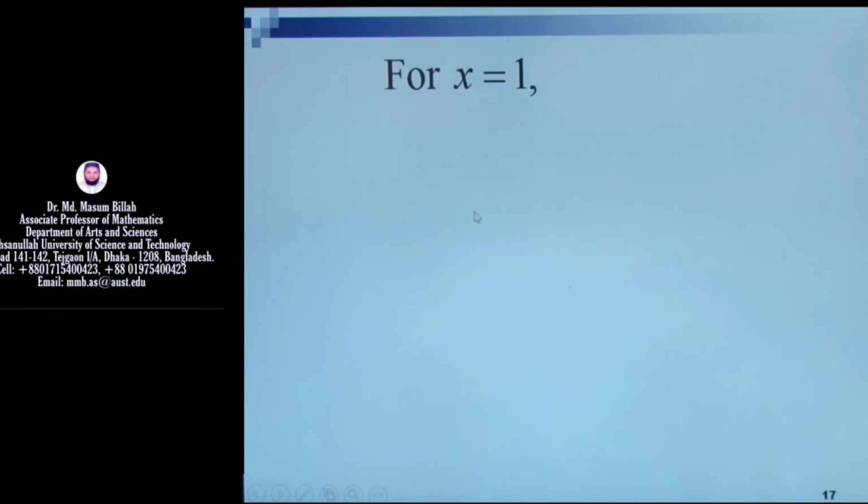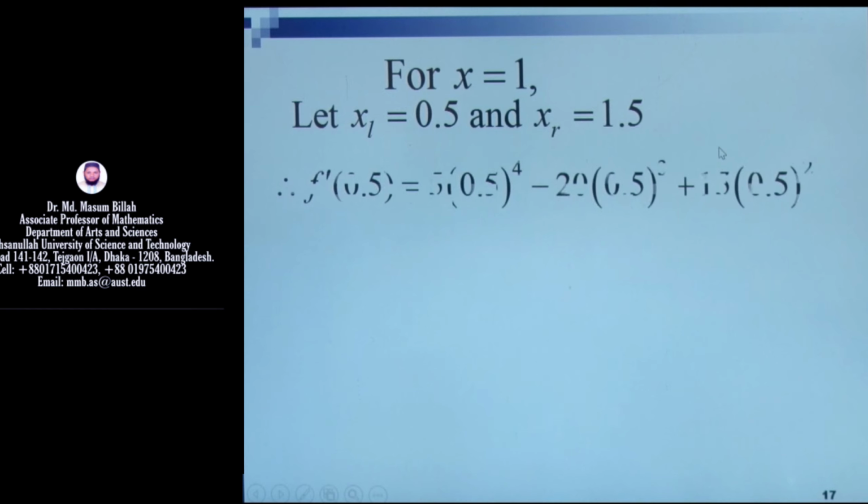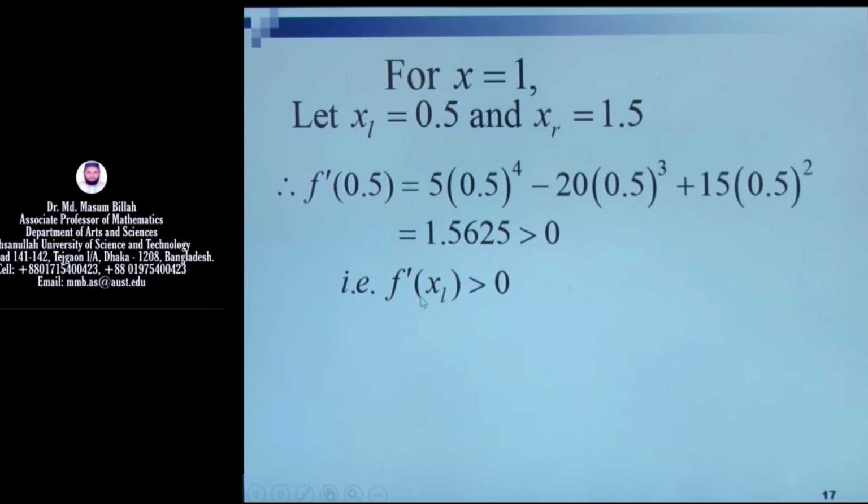We consider x equal to 1, another stationary point, 1. xl is 0.5, and xr is 1.5. So f prime 0.5 is positive, as you already said, so f prime xl is positive here.